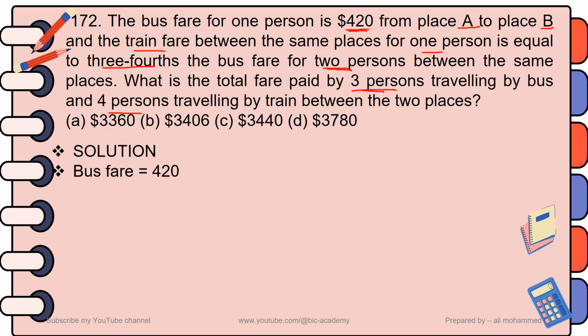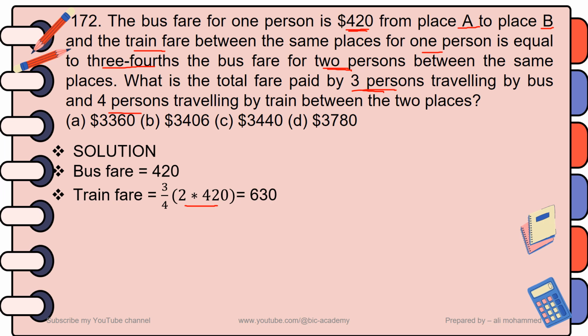So you have to convert the word problem into a mathematical equation first from the given information. Now the bus fare for one person between two places is $420. But the train fare between the two places for one person is 3/4 the bus fare for two persons between the same places.